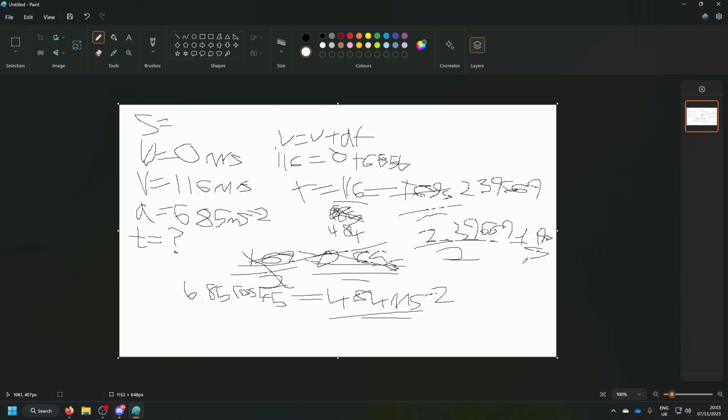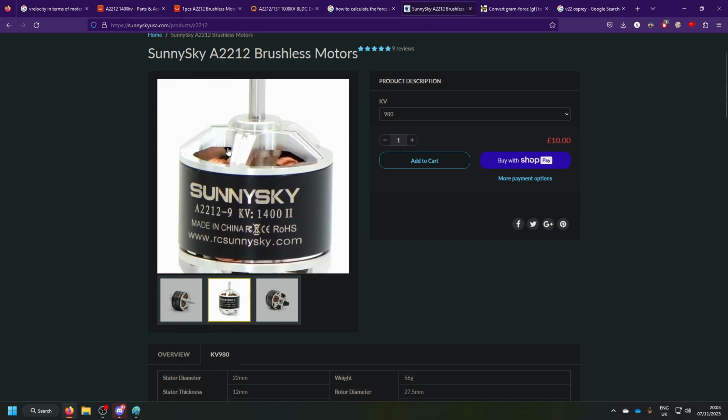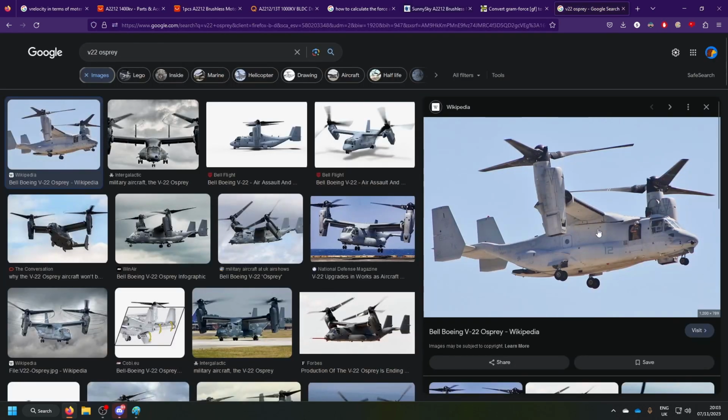So in theory, it is doable with 2 of these motors. And then we can just have them on a pivot with some servo motors or something like that to make them tilt up and down. Then we'll have a big bar in the middle with wings attached to make the aircraft, and some wheels on the bottom.